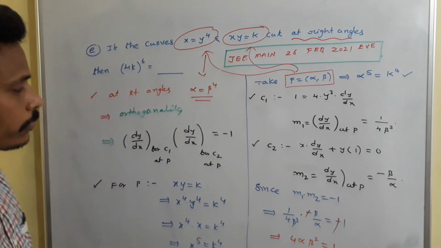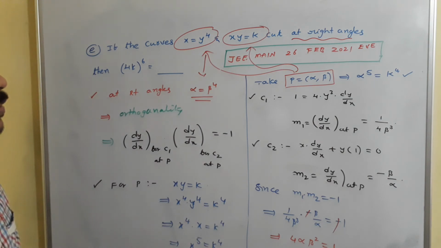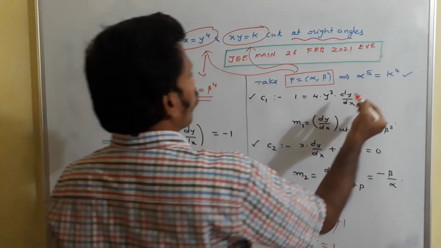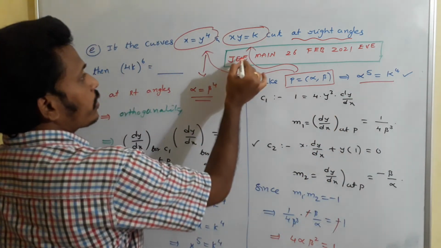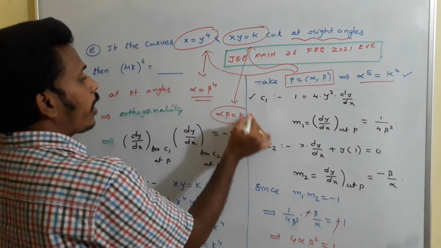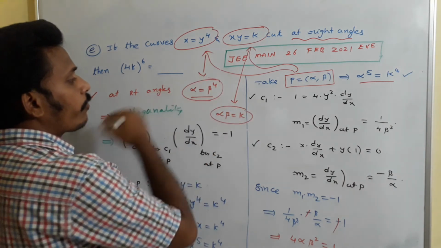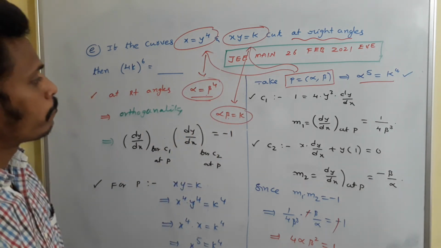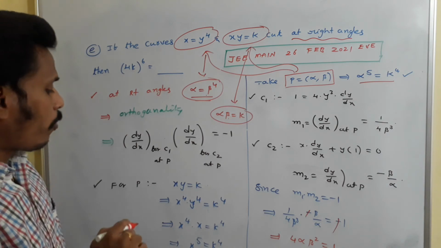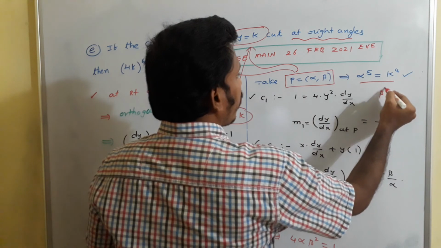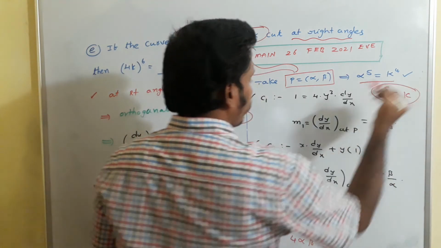From the second curve, alpha into beta is equals to k. From these two together, if you simplify, we get beta power 5 is also k.